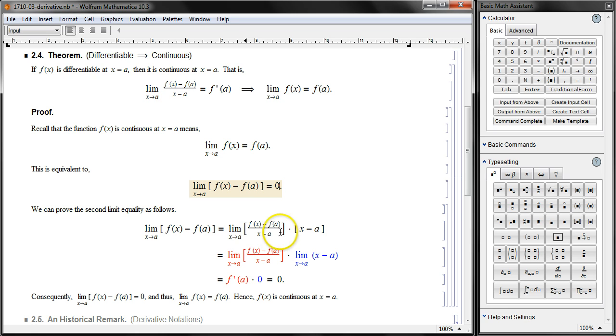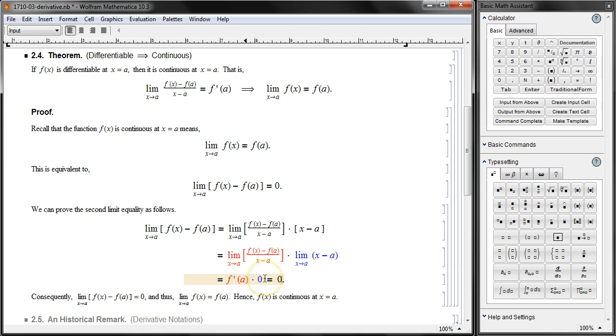One may wonder, wait a minute, why is this necessary? Because this blue is 0 anyway. 0 times something is 0, so why do we have to have this limit? Well, the answer is, if this limit is something like infinity, growing much faster than this going down to 0, then the product will not be 0. If this limit does not exist at all and it fluctuates badly, again, this limit may not exist at all.